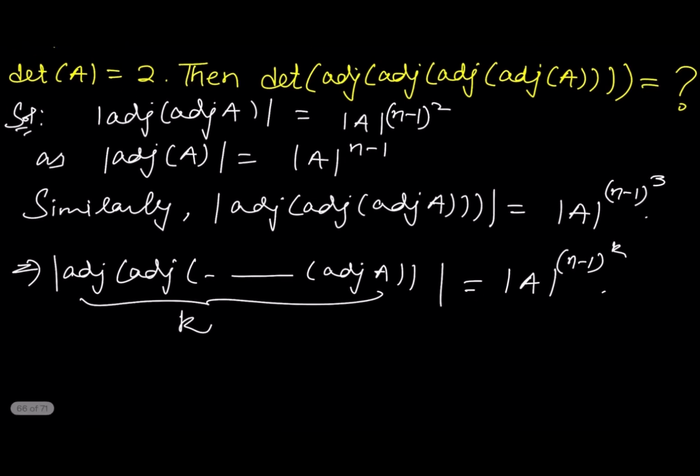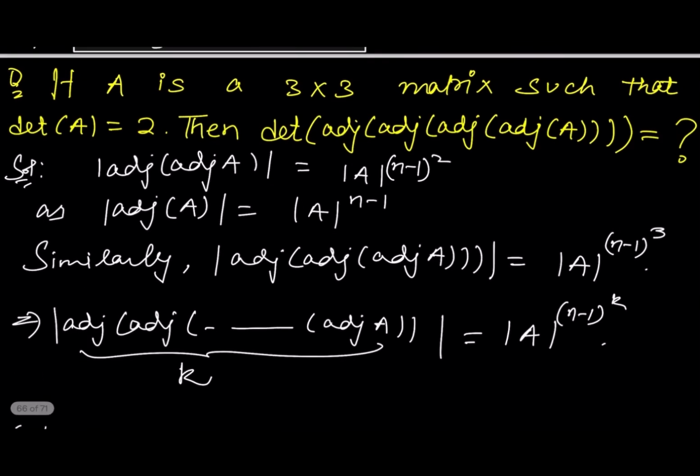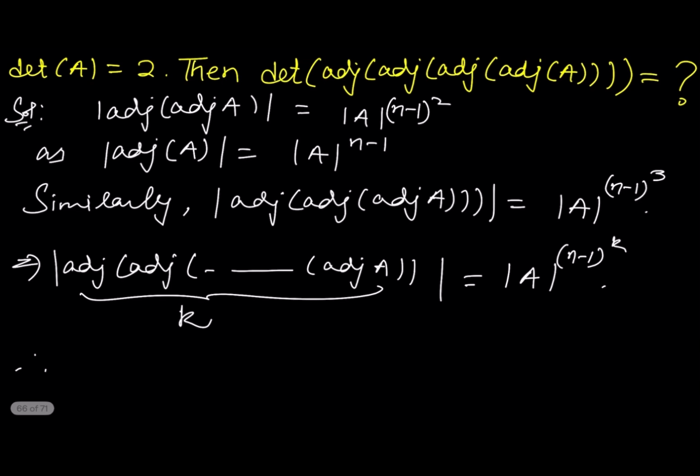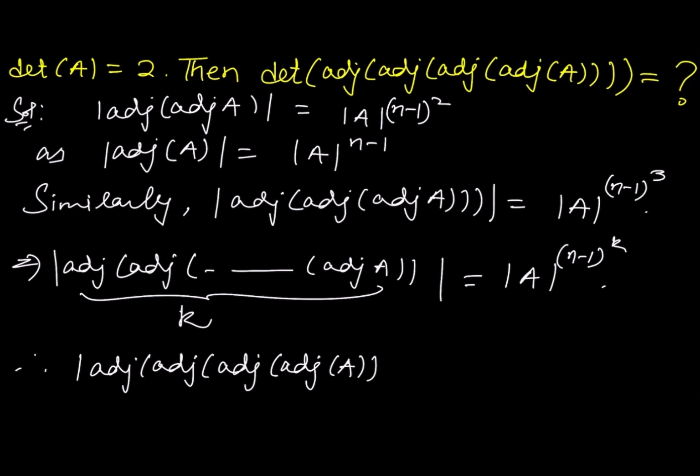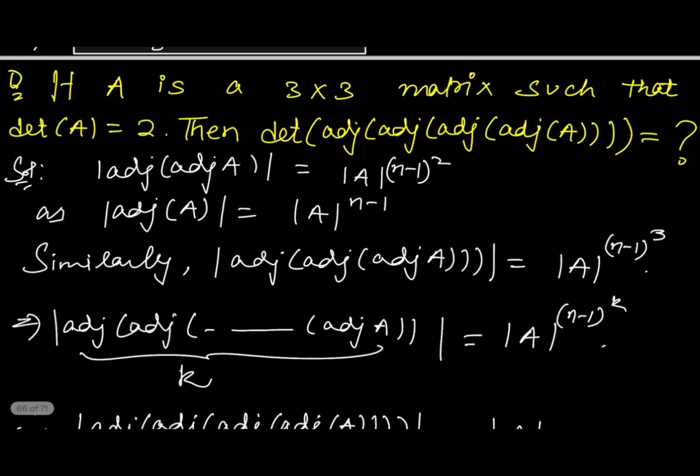So we are asked in this question the determinant of adjoint of adjoint of adjoint of adjoint of A, meaning here 4 adjoints are there. So I will write this as determinant of A whole to the power n minus 1 to the power 4, and here n is 3 because order of A is 3.